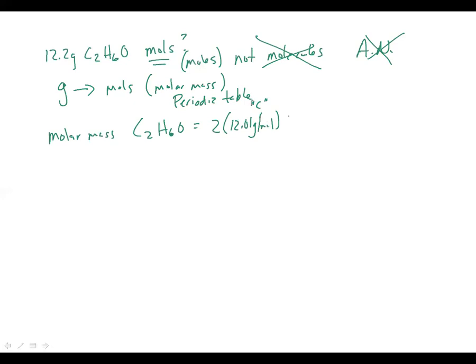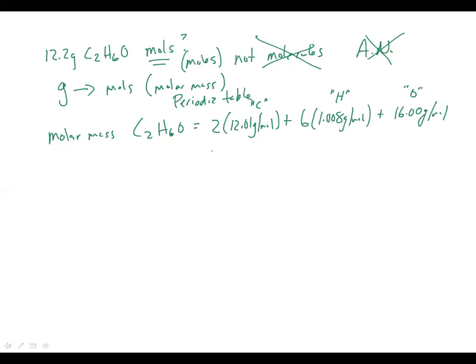You don't have to write the element above it if you don't want to. 6 times 1.008 grams per mole for our hydrogens. And there's 1 oxygen, which would be 16 grams per mole.